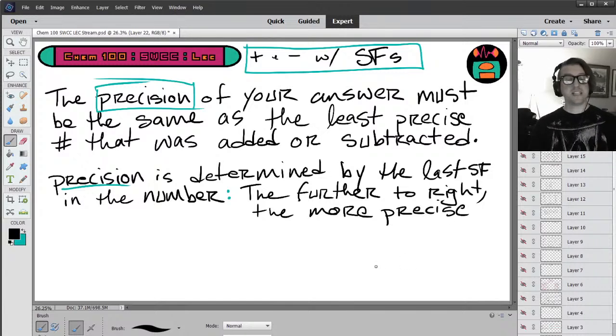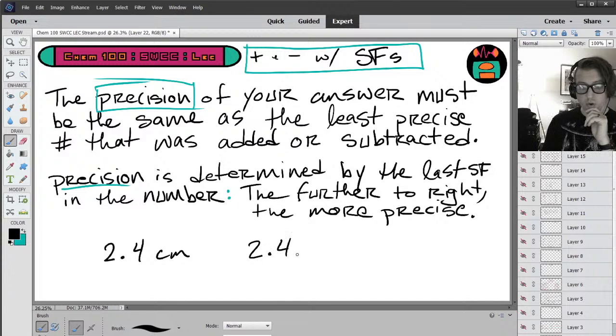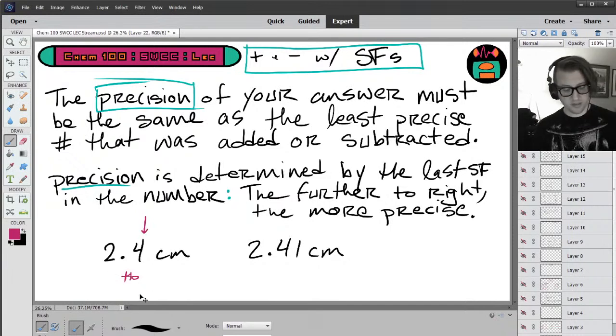We could see this in the two measurements that we were looking at on our previous page. One of them was 2.4 centimeters. The other one was 2.41 centimeters. When you look at the last significant digit in each number, this one is in the tenths.